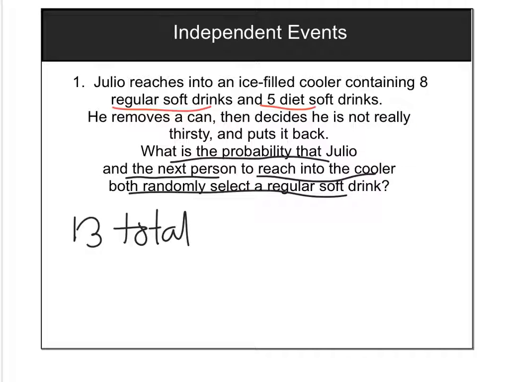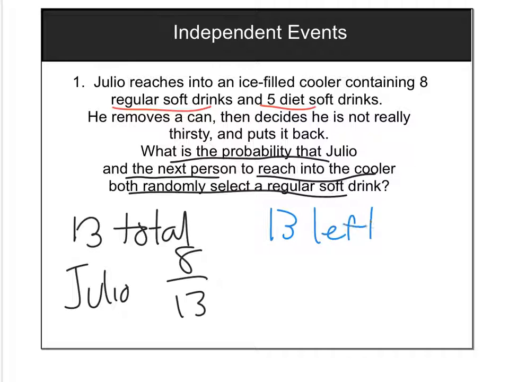All right, so there's 8 regular soft drinks. For Julio, that probability is going to be 8 out of 13. Now, he puts it back, so it's like the event never happened. There's still 13 in it after he puts it back. So what's the probability that the next person also gets a regular soft drink? Well, that's going to be 8 out of 13 as well.